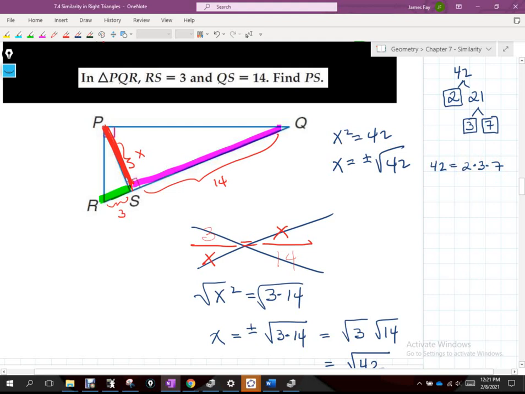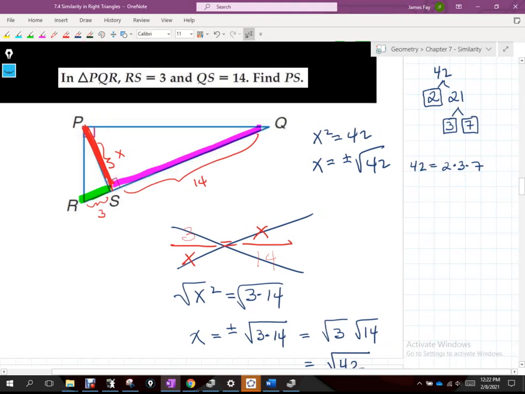Every composite number like 42 that you ever come across, any number that is not prime, can be rewritten as a product of prime numbers. Now, if I look at 2 times 3 times 7, any configuration of those values does not yield a perfect square. So 42 is already simplified.